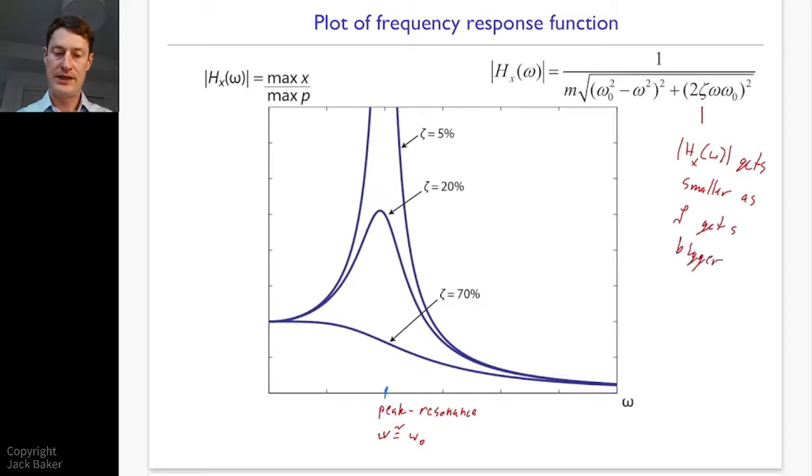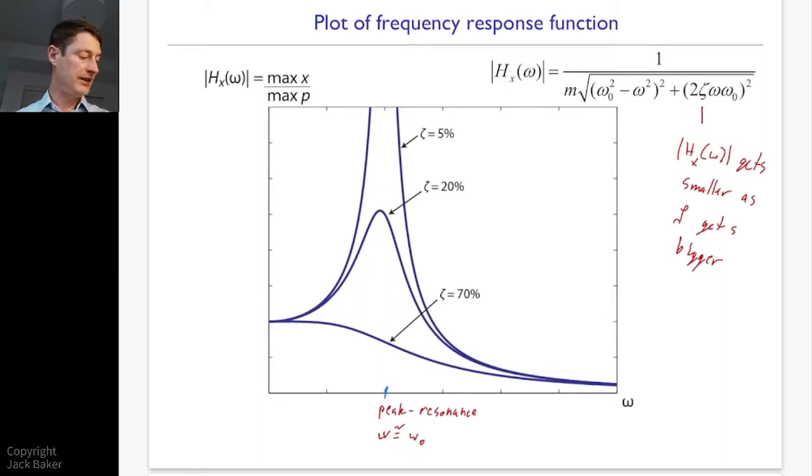Okay, so bigger zeta here is going to make this term bigger, and the frequency response function will get smaller, right? So these functions, for all frequencies, get smaller as zeta gets bigger. It's obviously the impact is much smaller on the right and the left, we'll talk about that in just a second. But you can see that the responses get smaller. So more damping in the system means that we're going to get a smaller response. So that would make sense.